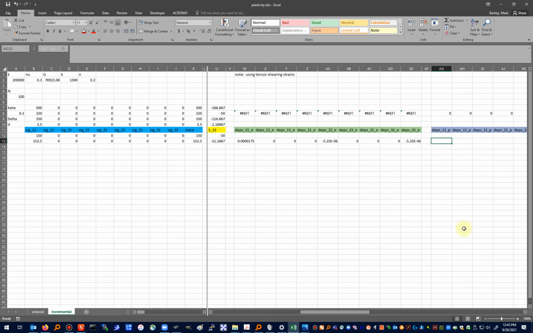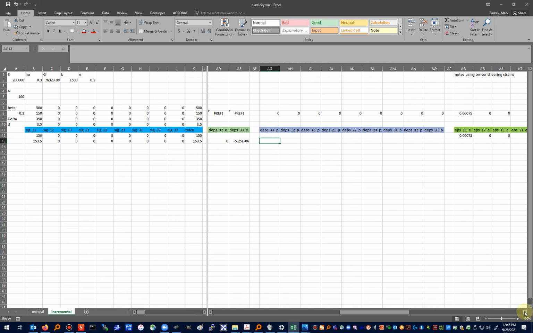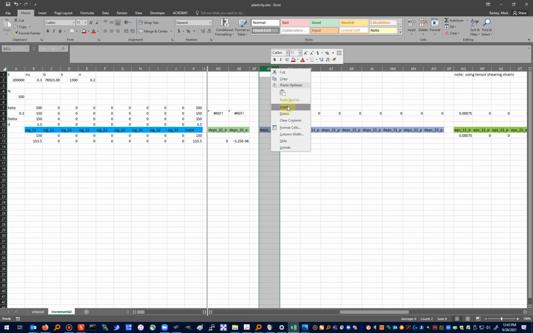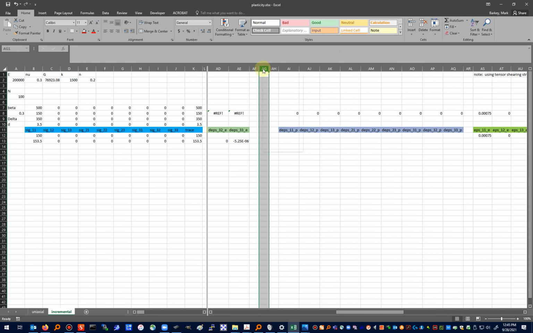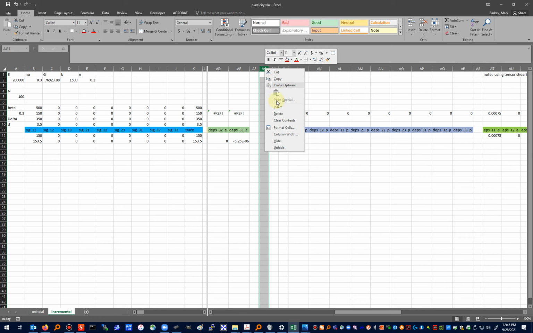So, where are we at? We're going to calculate our d epsilon plastic. And to do that, I'm going to insert some columns so that we have all of our good stuff that we need.